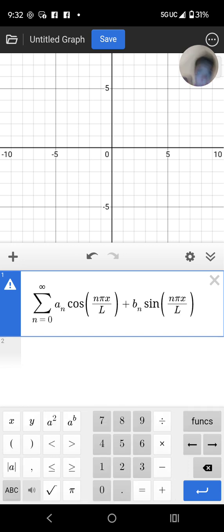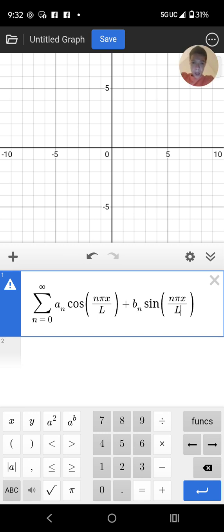So L is the period of the function, like a periodic function. Visualize it like sine x. It goes up and down, back to 0. From 0 to 1, back to 0 is sine x. From 0 to pi. So the period, which is L, in this case, is pi.